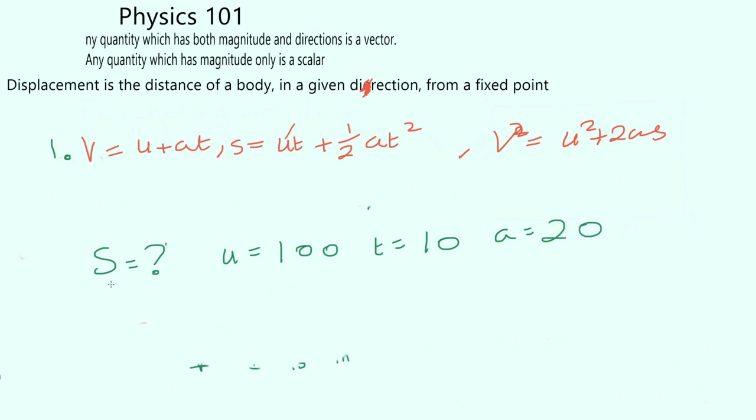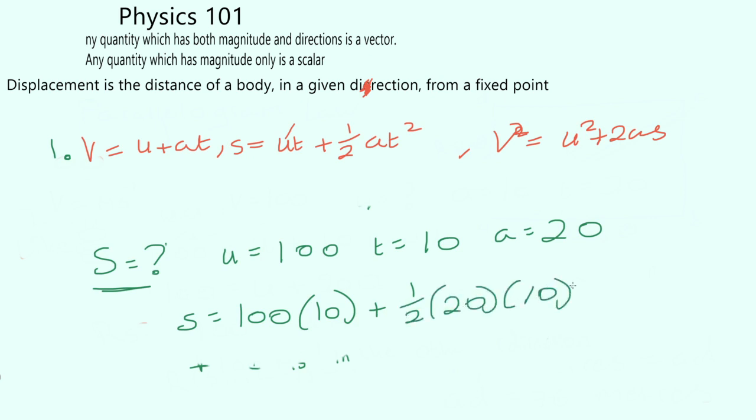Now if we wanted to find our s, which is displacement, we do s equal to 100 by 10 plus half of 20 by 10 squared. Alright, so this would be 1000 plus a half, which would be 20 by 10 squared, which would be 1000. So s is equal to 1100 meters.